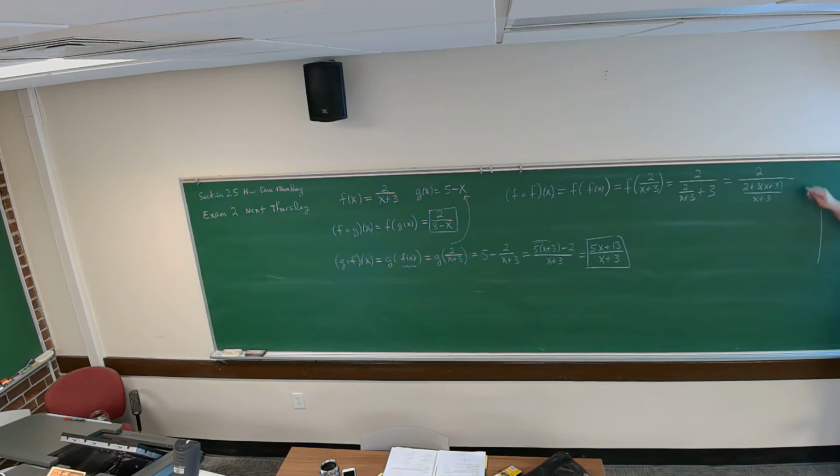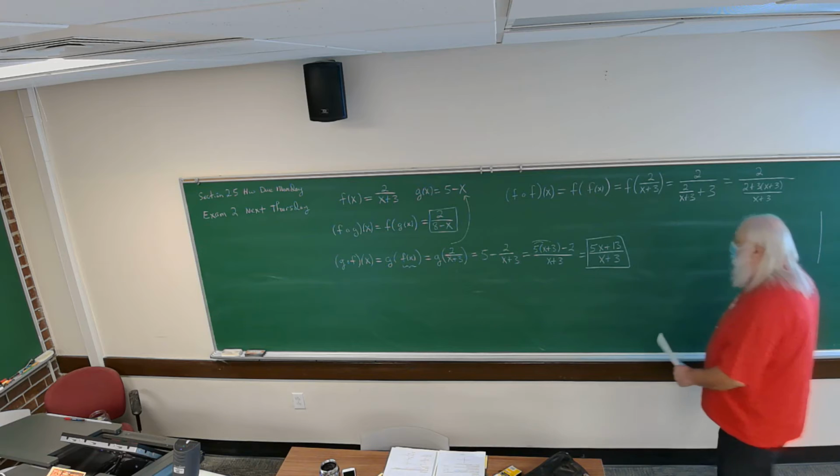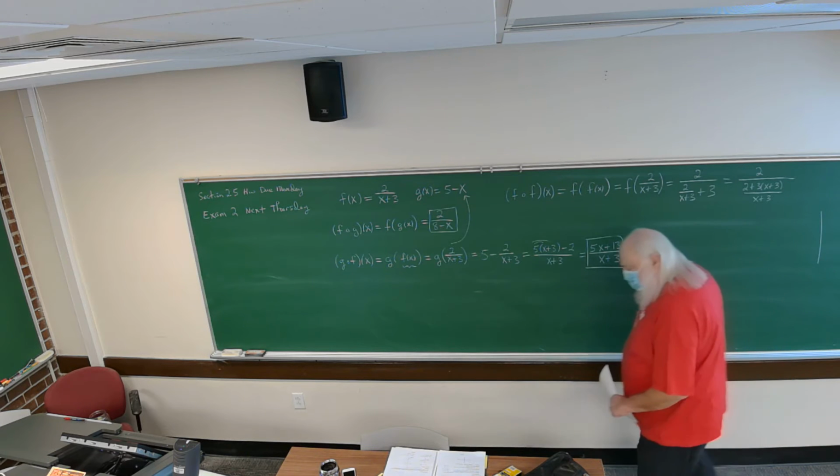And when you do division with fractions, you keep the first number, you switch division to multiplication, and you flip the second fraction. So it's going to be 2 times that fraction flipped over. Okay. So this is equal to, maybe I'll write it down, an extra step.